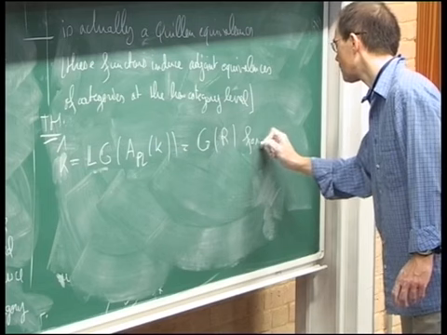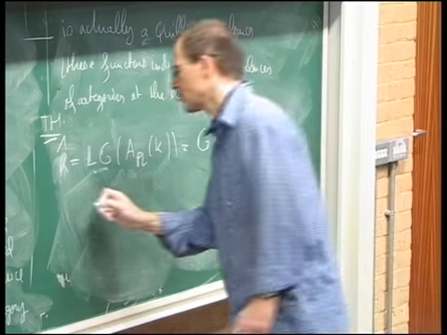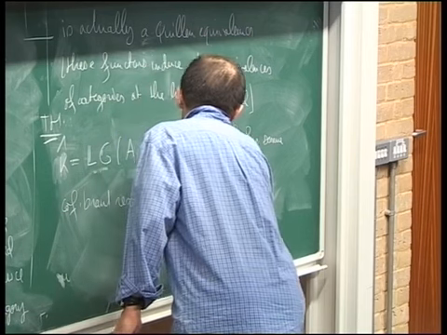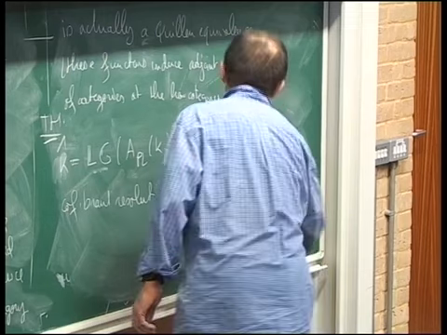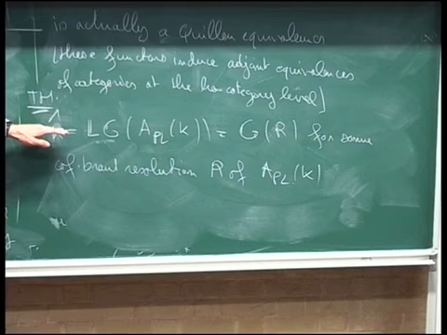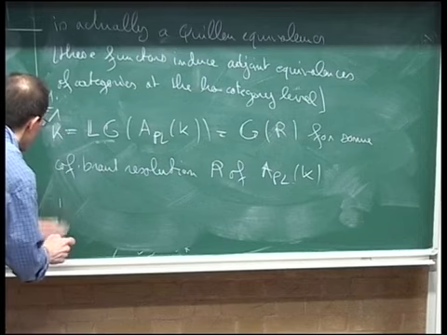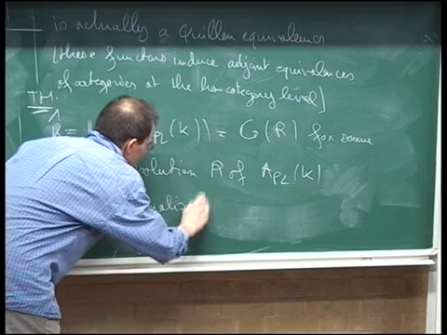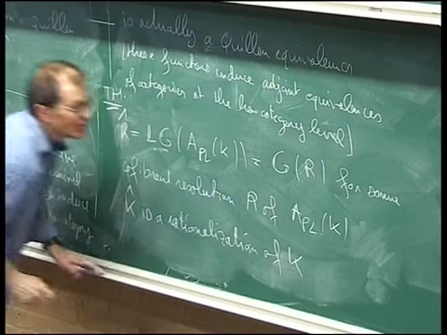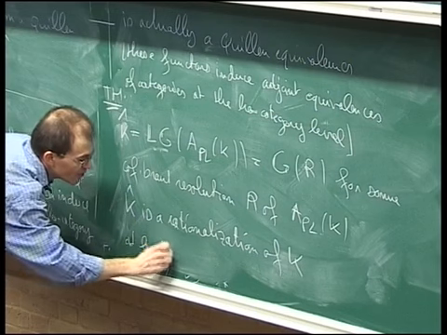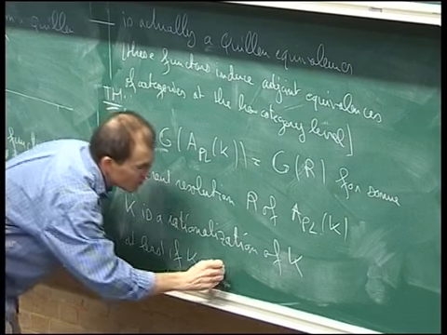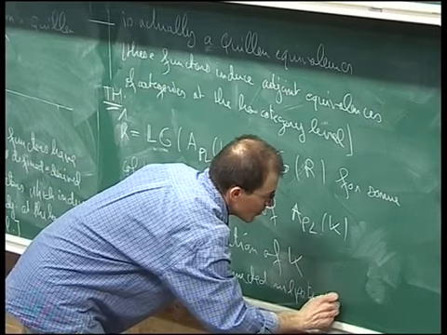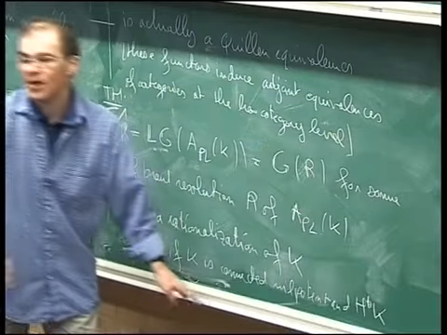For some cofibrant resolution R of A, K. And the claim is that this object is a rationalization of K, at least if K is connected, nilpotent, and the cohomology of K is degree-wise finite.